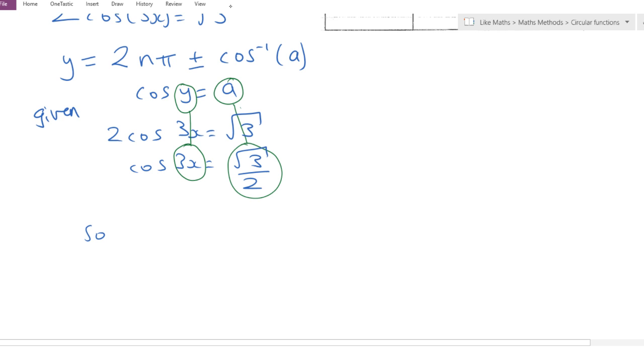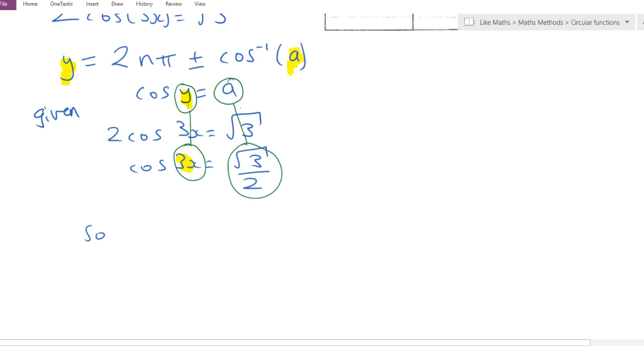Looking at this formula here, we've got the a, and we've also got the solution, in this case given as a y. So we can actually look at these things now.